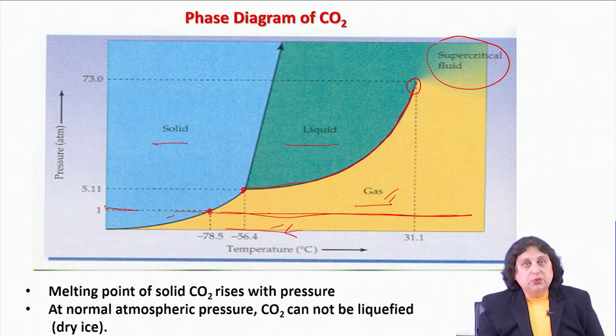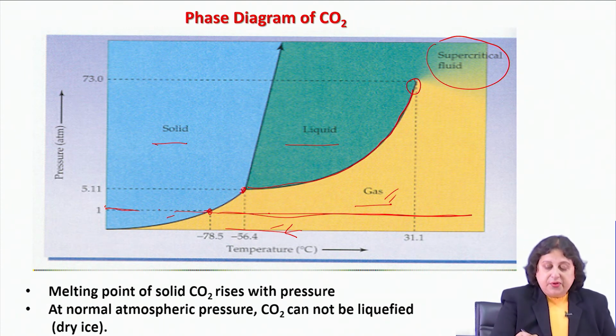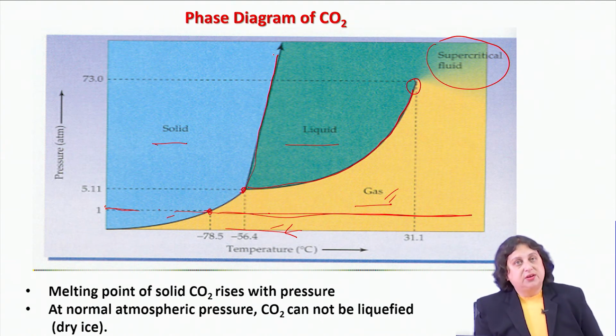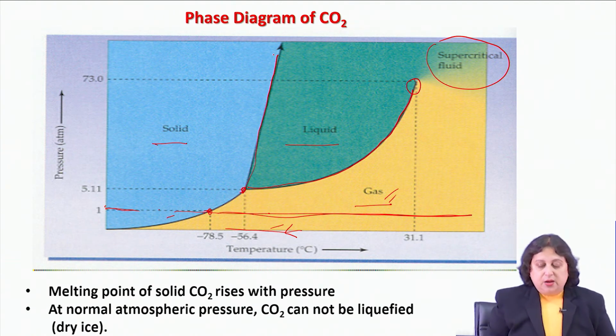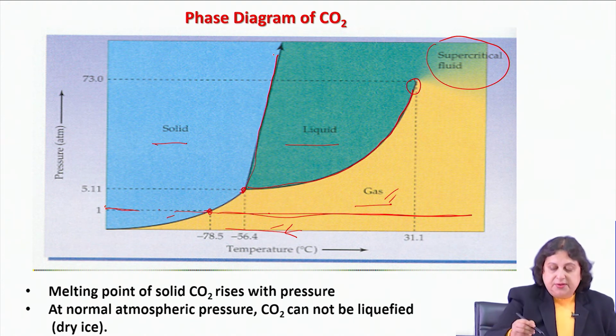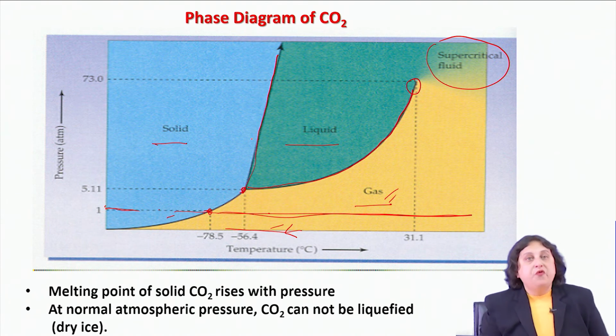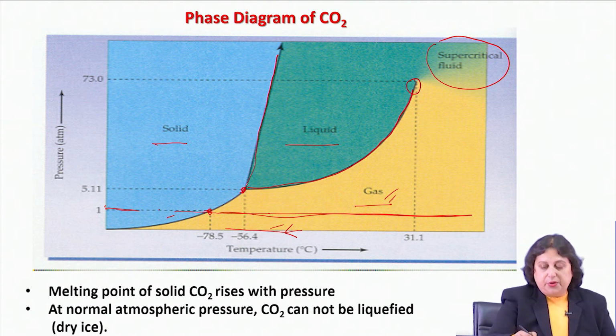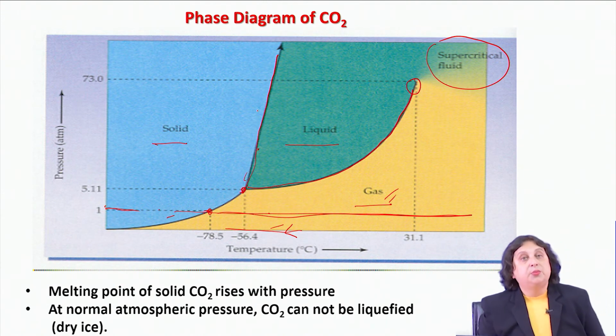And also I find that if this is the line for the melting of solid carbon dioxide, or dry ice, now if I increase the pressure, where does the temperature go for the equilibrium between solid and liquid phases of carbon dioxide? I find that the melting point increases, as this line has a positive slope.